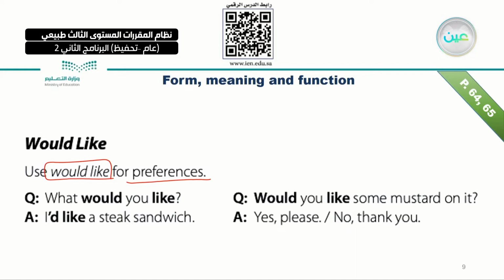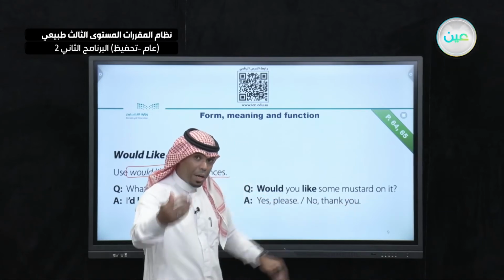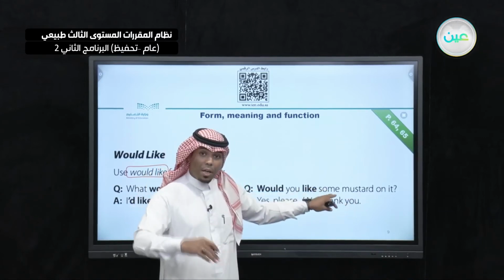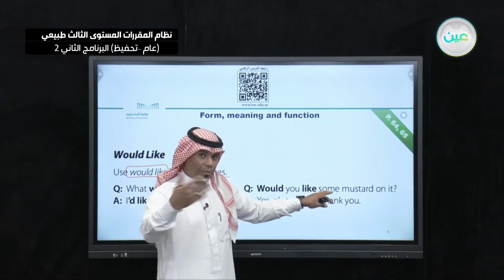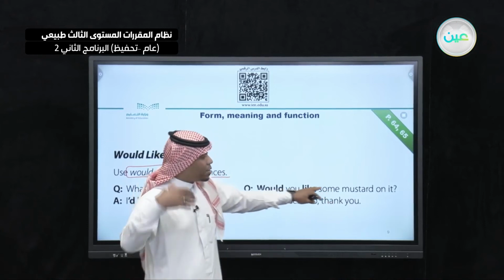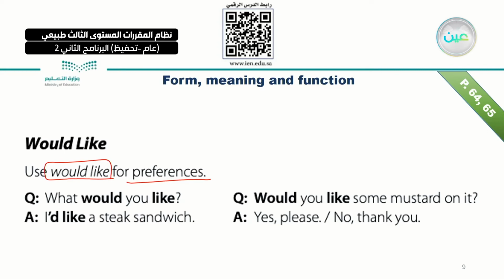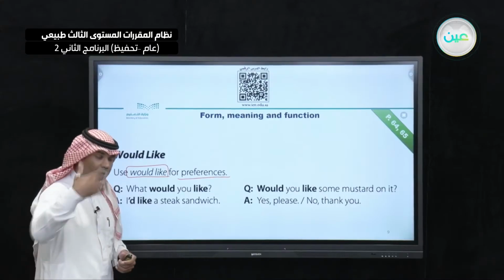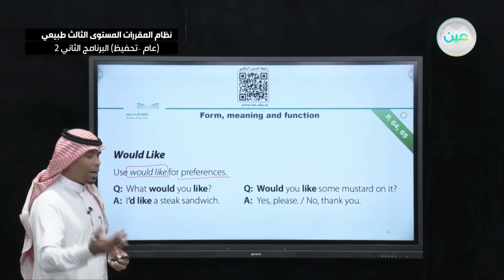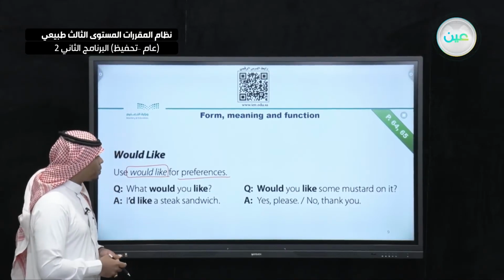And as you can see, would you like some mustard on it? Here I am using some again as an offer. Yes please, or no thank you. So we used would like here for preferences, giving you a choice to accept or to decline.